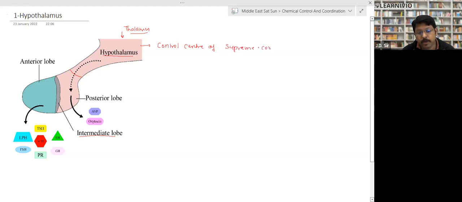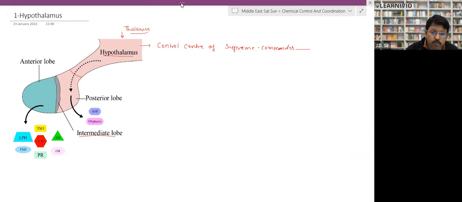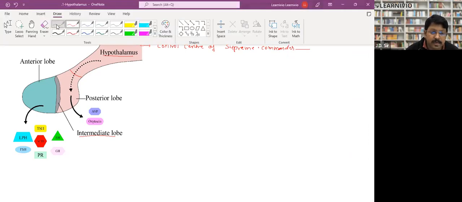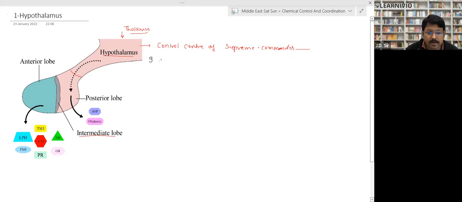And who is the supreme commander? That is the pituitary. It is called the control center of the supreme commander. It secretes 9 different hormones.